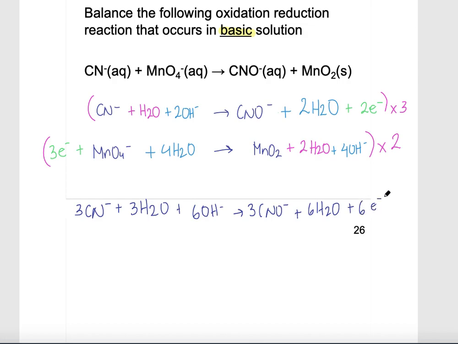Awesome. Now we do the same thing to the bottom equation. So the bottom equation, we have 6 electrons now plus 2 MnO4 minuses plus 4 times 2 is 8 waters.